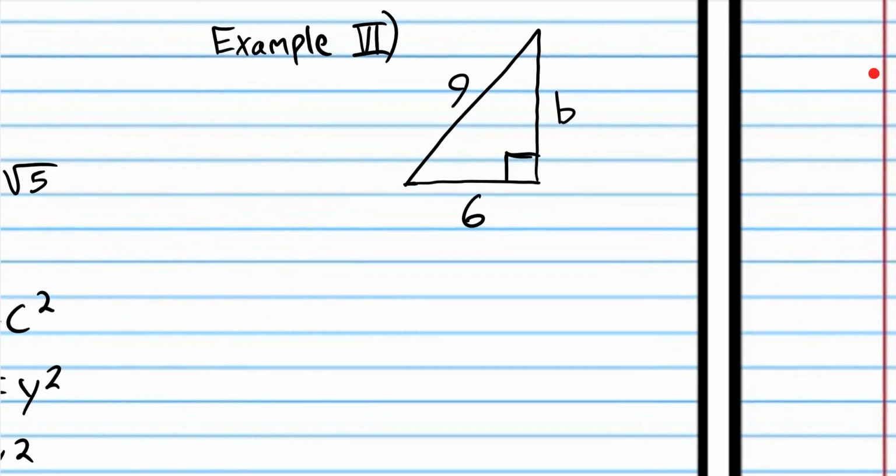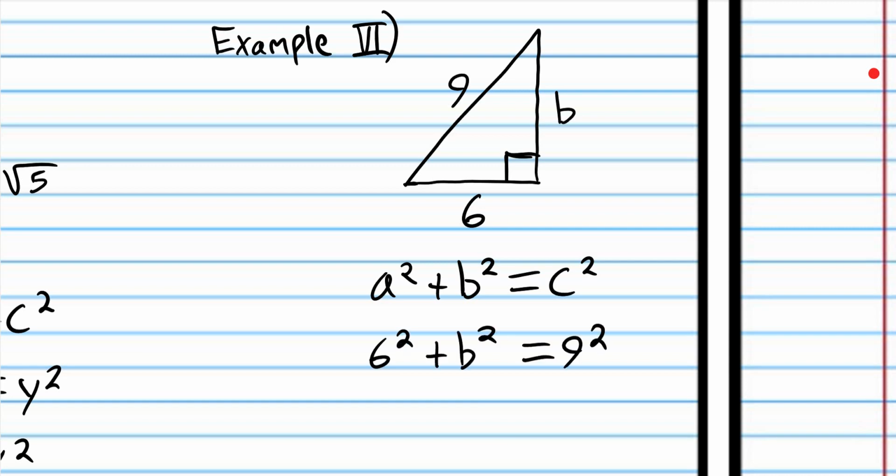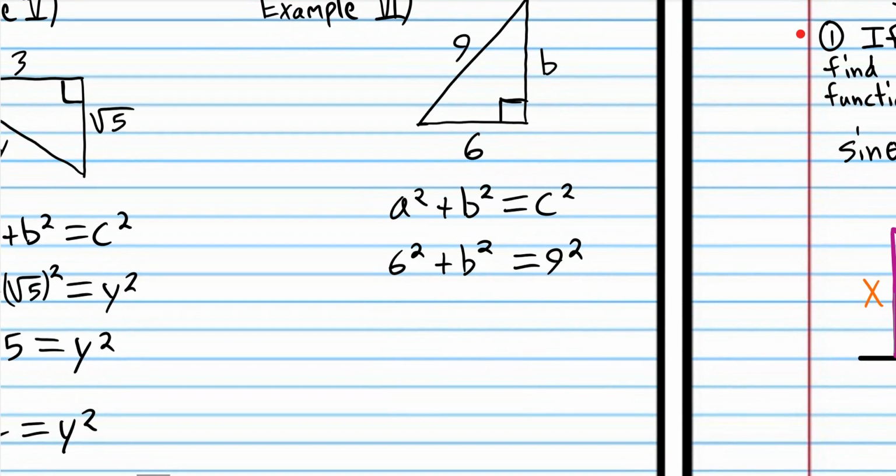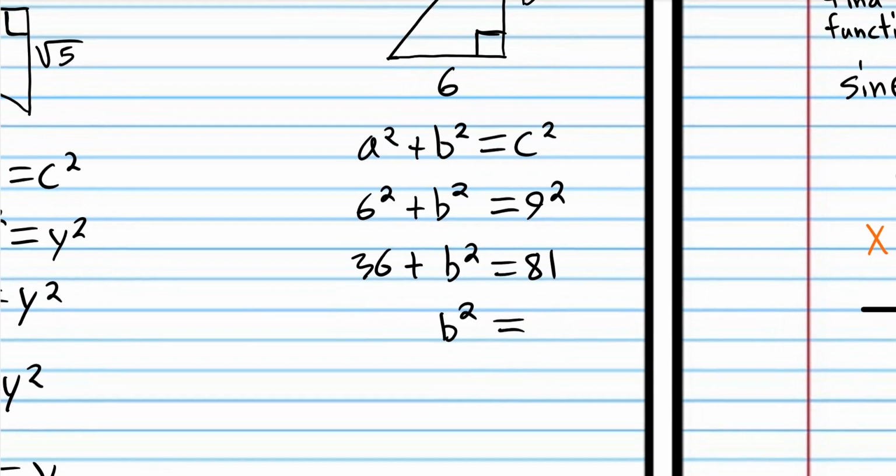All right, we're back. So again, this is a right triangle, so we can use the Pythagorean Theorem. The hypotenuse is 9. And 81 minus 36 is 45.